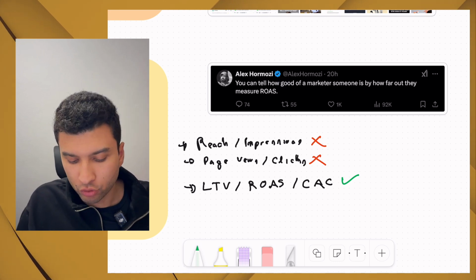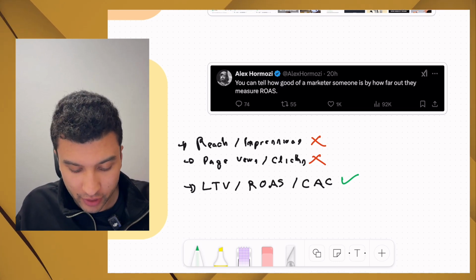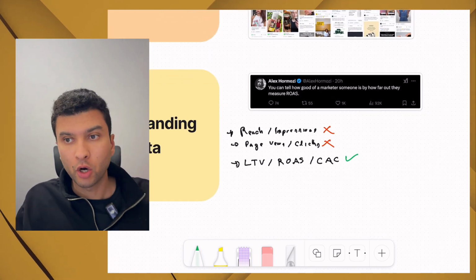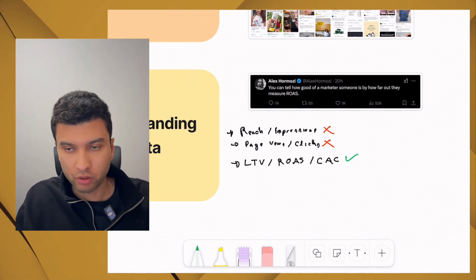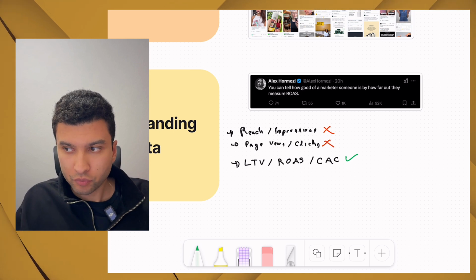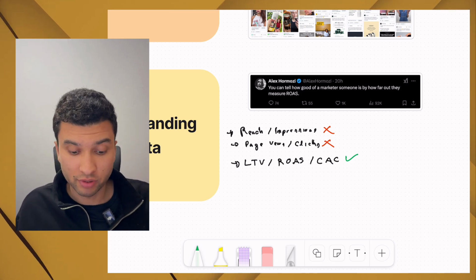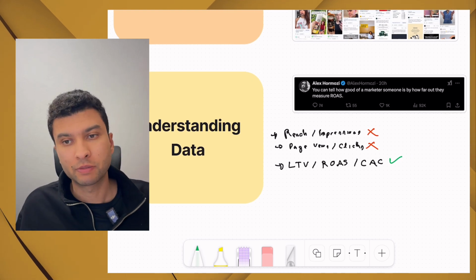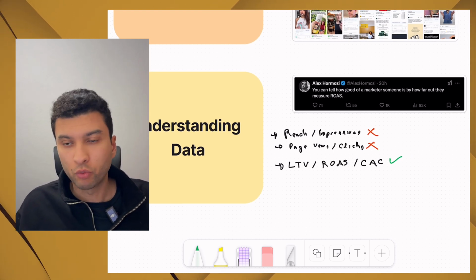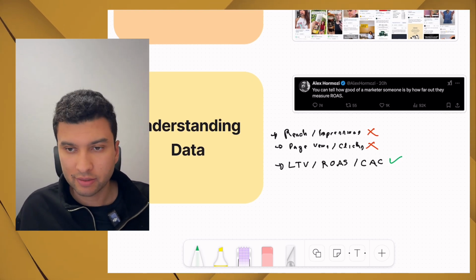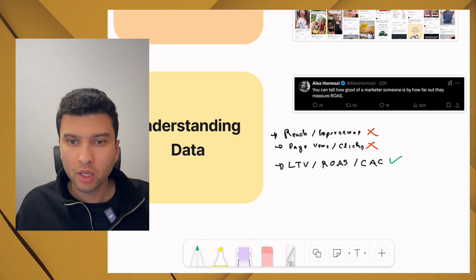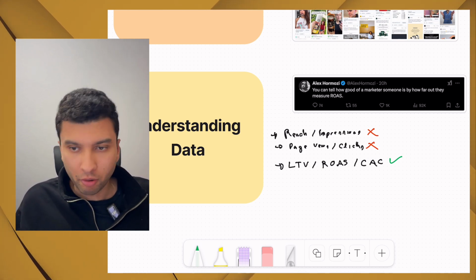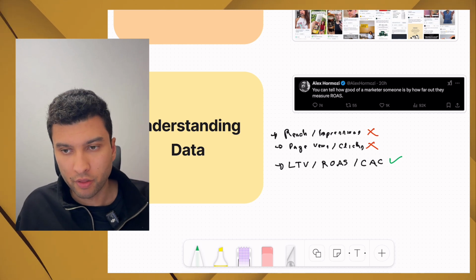And this is going to allow you to be much more pragmatic in terms of your ads, because you're not going to be so focused on what's your return now, but what's actually a customer worth to you on the longer time frame. And a typical case where this is very important is if you have any kind of business or service that is based on recurring revenue, like for example SaaS or a membership or a community, your front-end revenue is going to be much lower compared to what's going to be the total LTV.